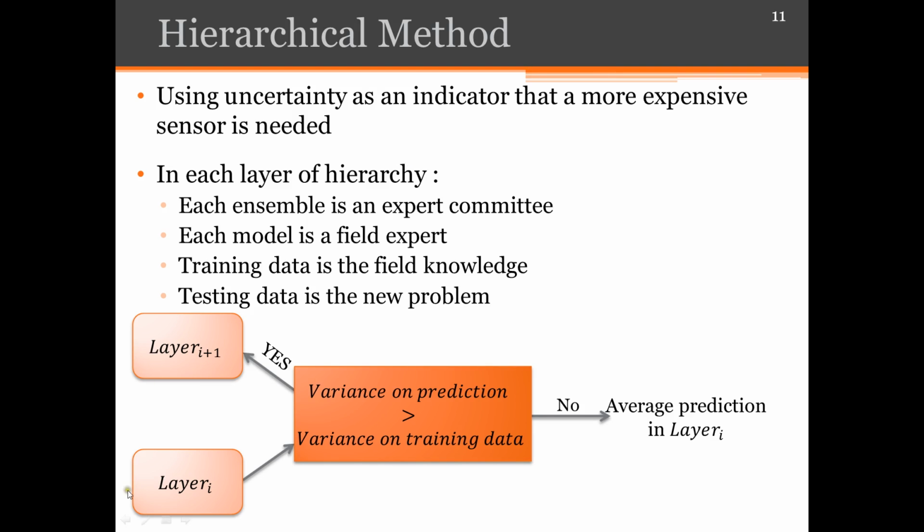So if in an ensemble I ask a testing data, and the variance on the prediction is higher than the variance on the training data, it means that they have not seen that problem before, and it's not in their field knowledge. So they need to go and use a more accurate, more expensive ensemble that has a wider field knowledge and has more variety of sensors available.